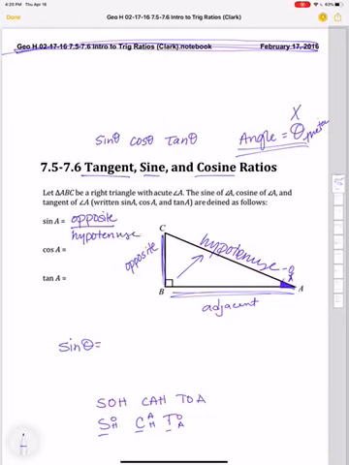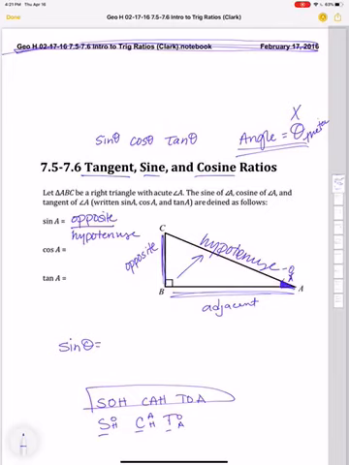Whether you remember SOHCAHTOA, or you look up other popular sayings that help people remember, SOHCAHTOA is the one I like. So sine of A is the opposite side, that would be BC, over the hypotenuse CA.